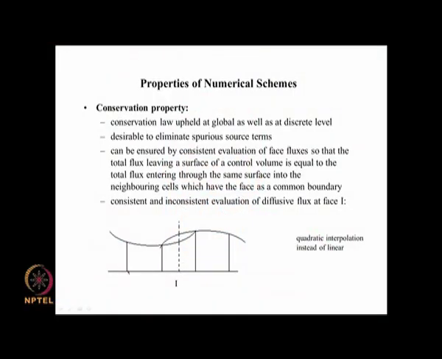So, if you are looking at a situation where you have a node here and a node here, a node here and a node here, and you have values of the function which, let us say, are like this, it is here, decreases and then increases and then decreases in this way, and you need to evaluate the gradient at the point I. Okay. So, you could say that I would evaluate the gradient using these 2 points, but you could also say, in the case of, for example, quadratic interpolation or QUICK scheme, or you could evaluate the value of this using this point, this point, this point and upstream points here.